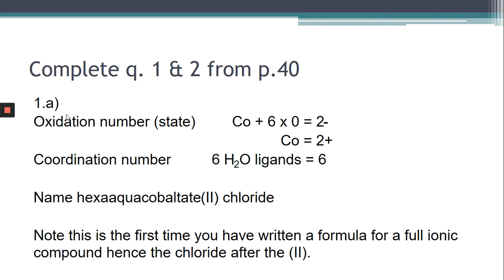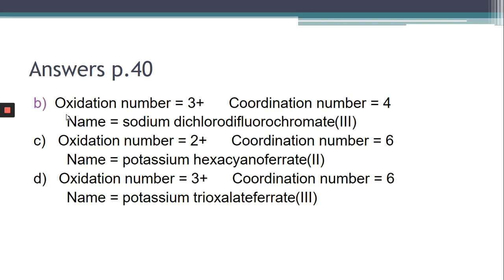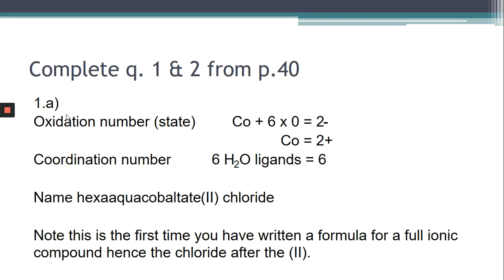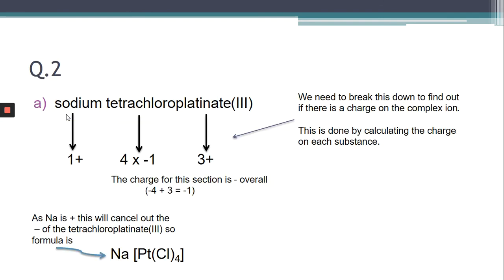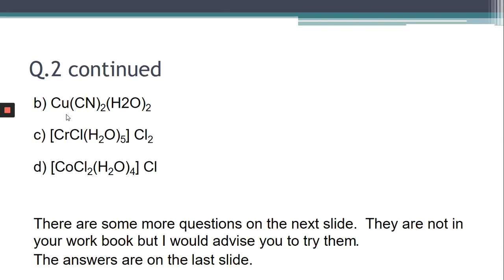Okay. This to me looks like the answers, at least to question 1A from page 40, and there's the rest of the answers. Question 2A has been worked through and shown why you've come out with the different bits. Okay.